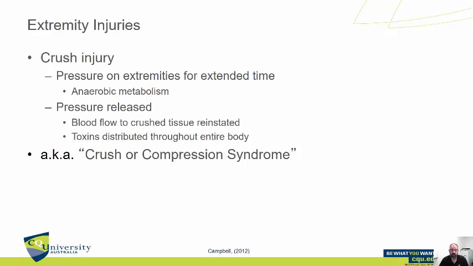We all know that lactic acid comes as a result of metabolism that doesn't involve oxygen, so we get that lactic acid buildup, and then we get the resultant clearance issue through the kidneys. And then the second mechanism is an increase in acid from acid components which leak from those damaged muscle cells into the surrounding plasma, which then enters the circulation. So really two mechanisms of increased acidosis.